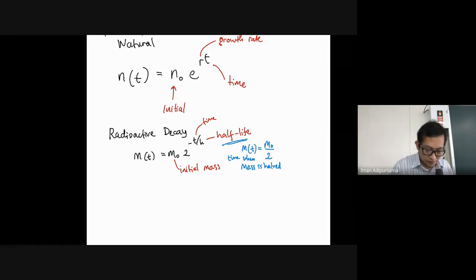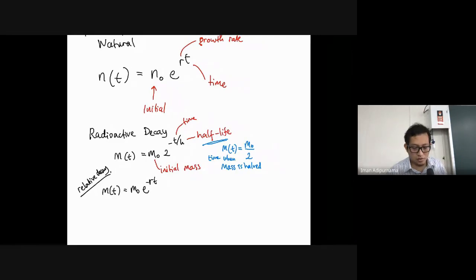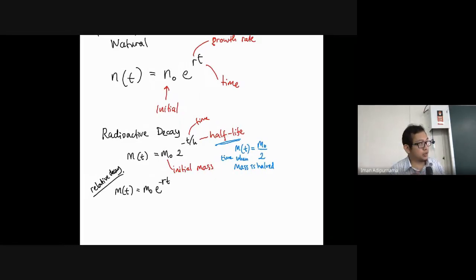And then the relative decay is, this is the relative decay. And let's try to look up the half-life. Half-life is when the m is equal to m0 divided by 2.